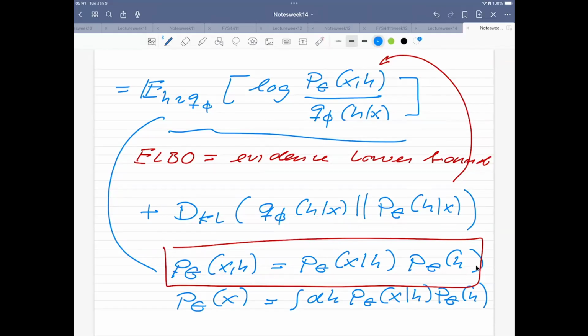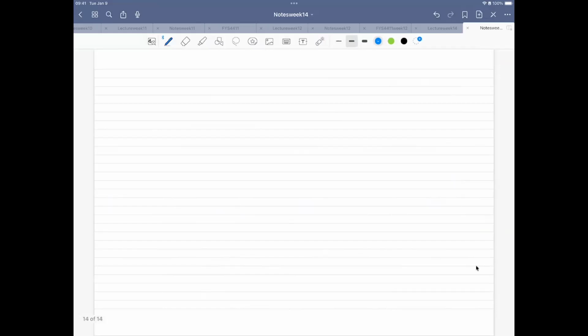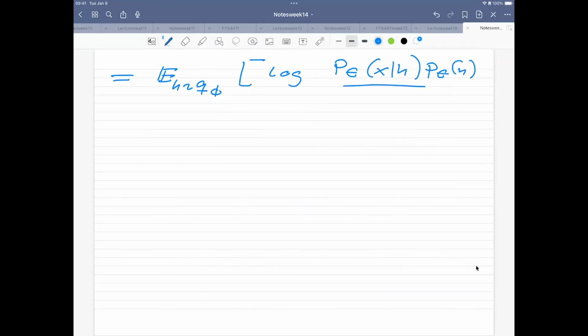So then what we will get is a function which looks like an expectation value, with h drawn from Q_phi, of the log of P_theta(x|h) multiplied with P_theta(h), divided by Q_phi(h|x).